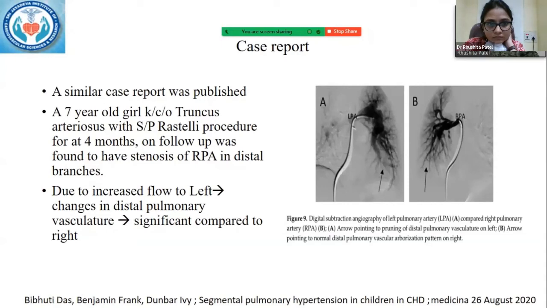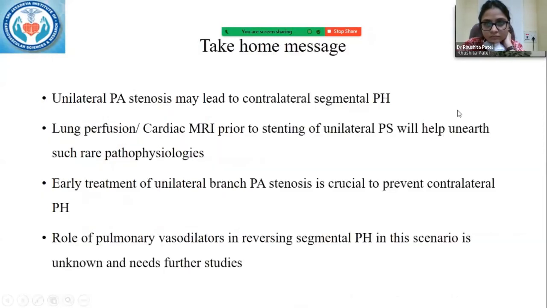A digital subtraction angiography of the left pulmonary artery showed more significant pruning in the distal pulmonary vasculature as compared to the right-sided pulmonary artery, which was actually found to be stenosed on follow-up. From the previous case report, we can deduce that a unilateral PA stenosis can lead to contralateral segmental PH.